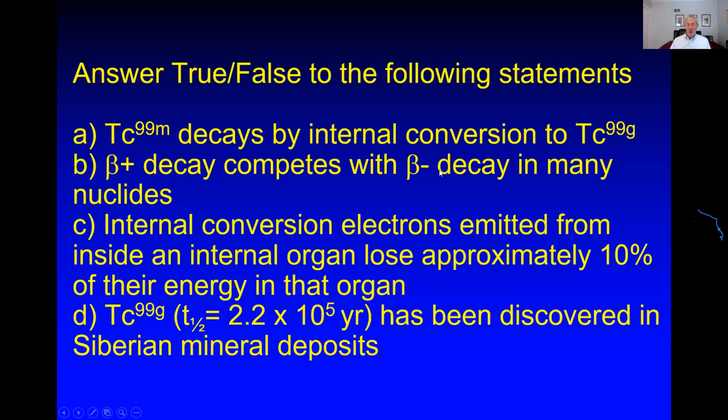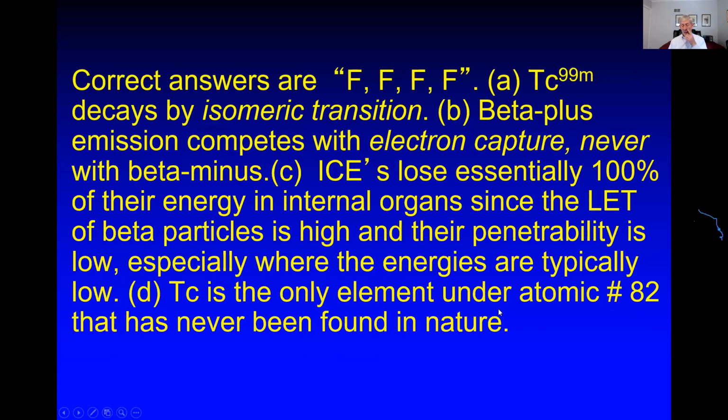Anyone? If you look at a periodic table, there are brackets around number 43, and the footnote says this is a synthetic isotope. It never occurs naturally. In fact, technetium number 43 is the only element under number 82 that has never been found in nature and never will be found in nature. Think about this. The Earth is 4.5 billion years old.